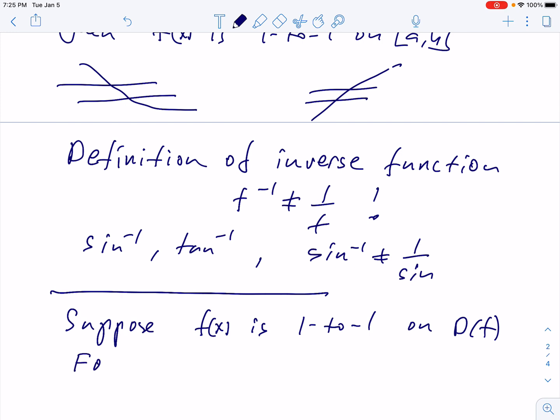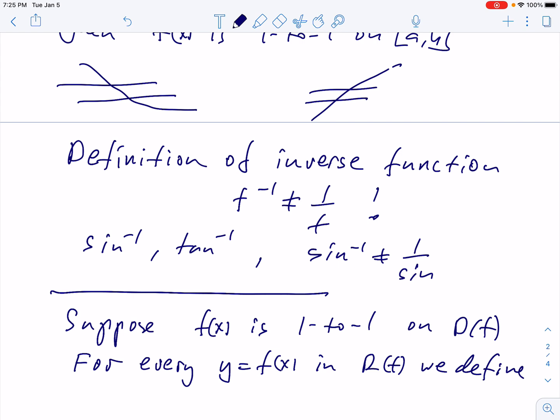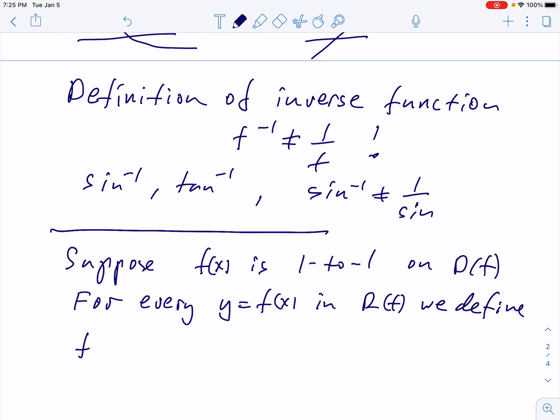Then for every y in the form f of x in the range of the function, we define f inverse of y equals x. So the function f brings x to y, and the inverse function brings y back to x.